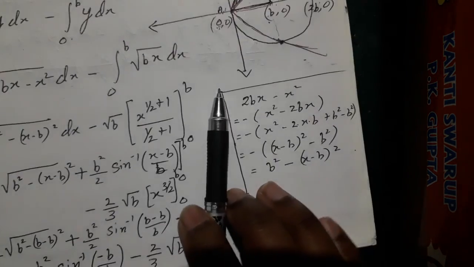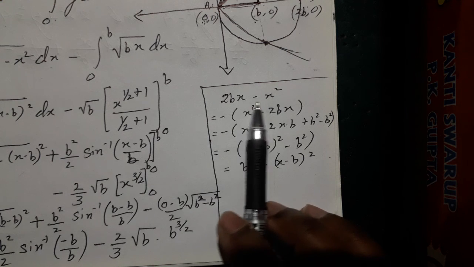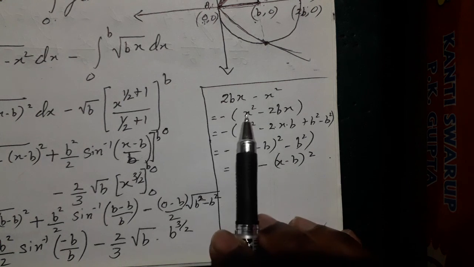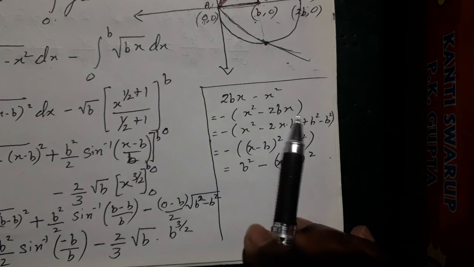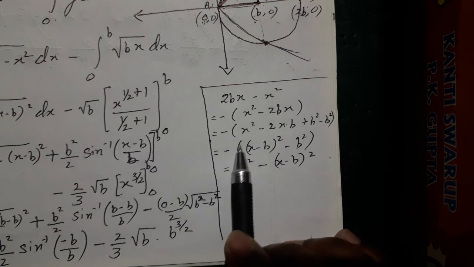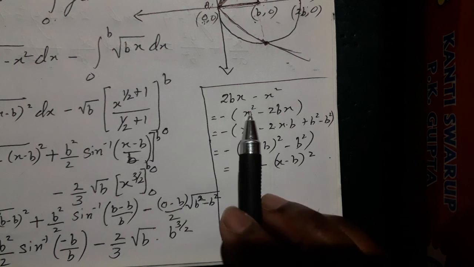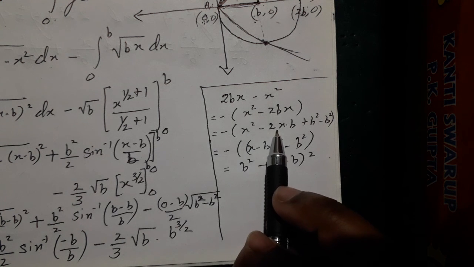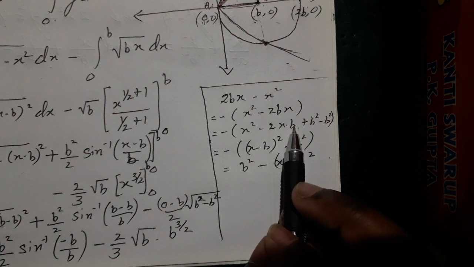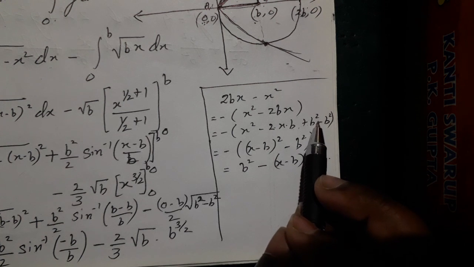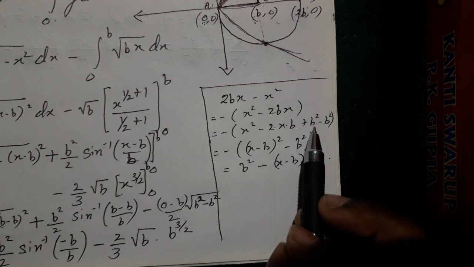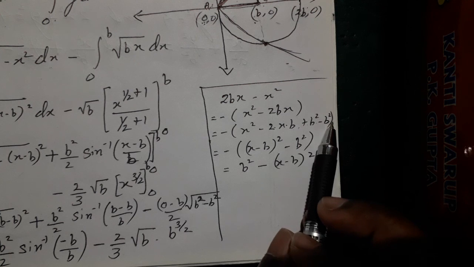Now here we have to complete the square. We have 2bx minus x squared. You can take minus common, so we get x squared minus 2bx. Now I'll split x squared in the form of a minus b whole squared: a squared minus 2ab, so this is your b, plus b squared. This is not there here, so I have added it, and I have to subtract it.